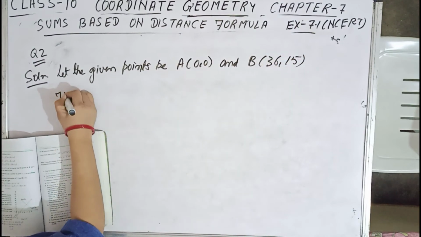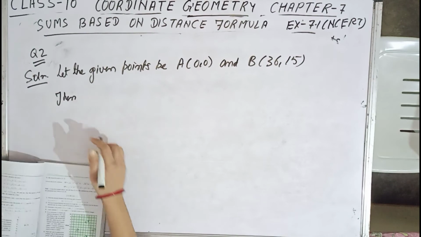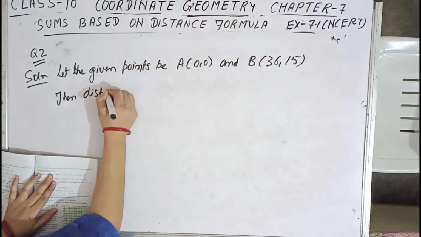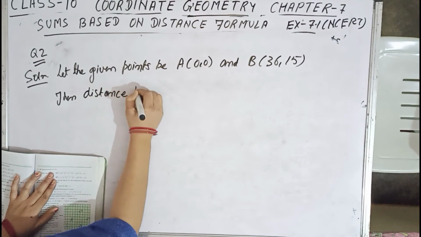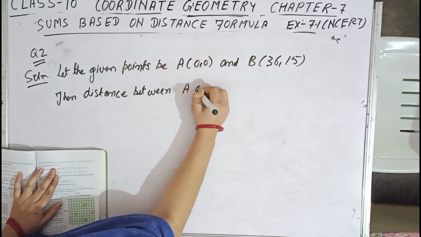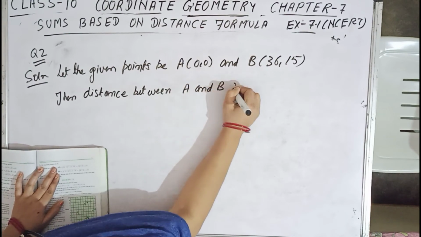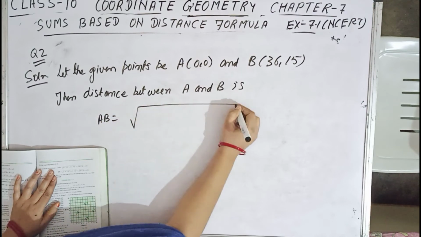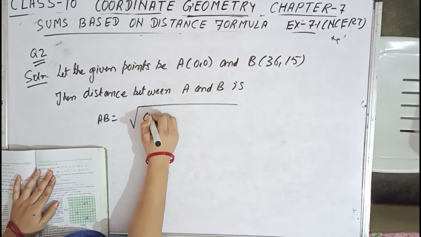Then the distance between A and B is AB equals, here I am directly writing, not writing in terms of x1, x2.